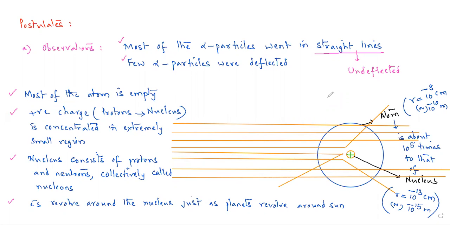The electrons and the nucleus are held together because of this electrostatic attraction. Electrostatic attraction is the one that is generally operated between opposite charges. Okay. This is about Rutherford's atomic model, and these were the proposals or the postulates made by Rutherford.